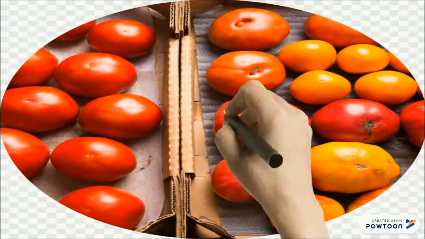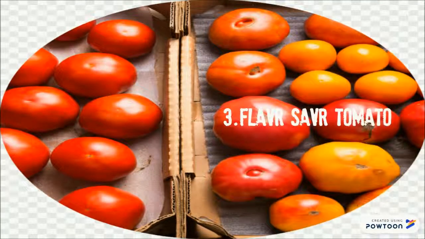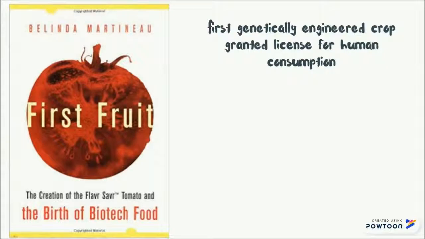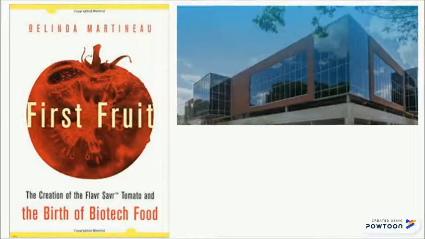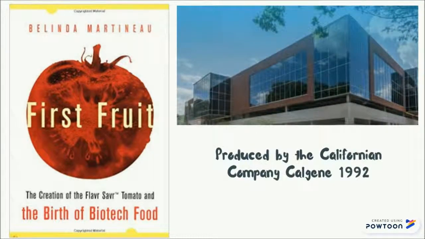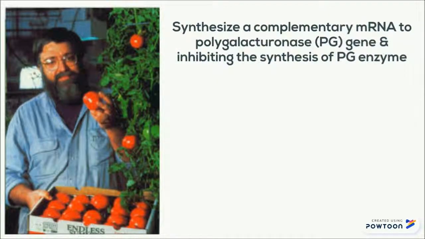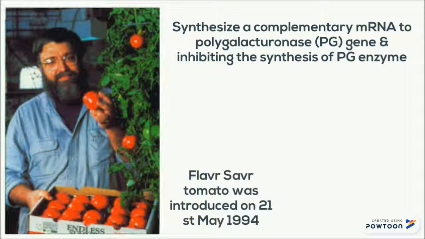Next, we move to the third example of transgenic plants: the Flavr Savr tomato. Flavr Savr tomato is the first genetically engineered crop granted a license for human consumption. It was produced by the Californian company Calgene in 1992. Calgene introduced a gene implant which synthesizes an mRNA complementary to the polygalacturonase (PG) gene, inhibiting the synthesis of the PG enzyme.